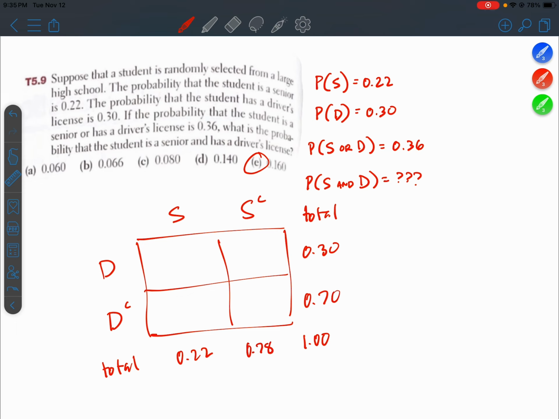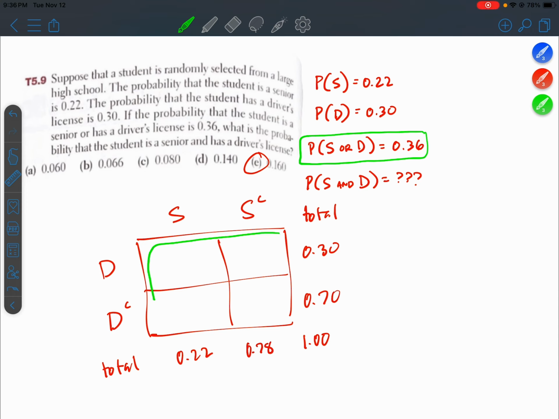Now we want to know the probability of the student being a senior and having a driver's license, which is that cell right there. We don't have a really direct way of figuring it out. I do know that the probability of being a senior or having a driver's license is 36%.